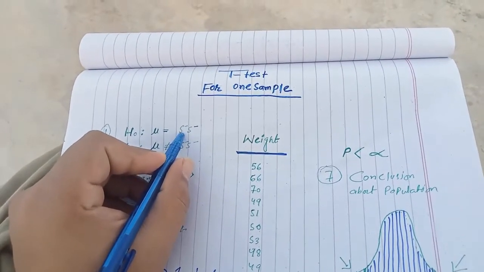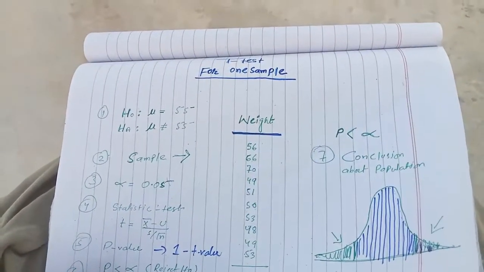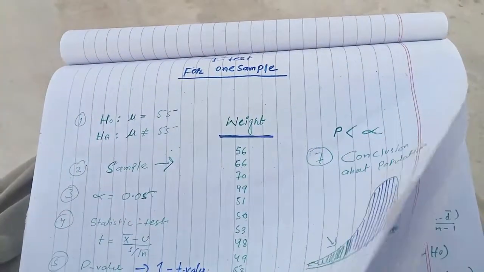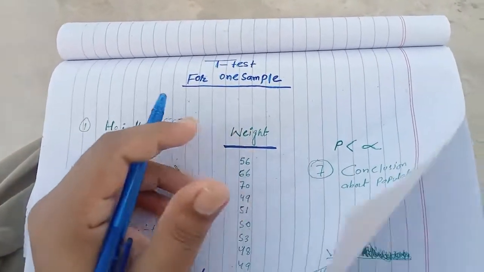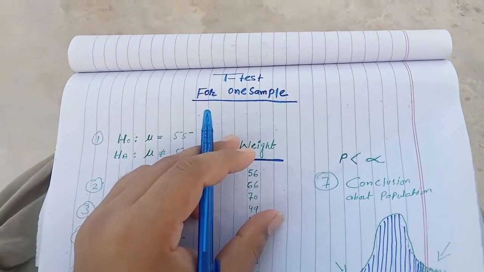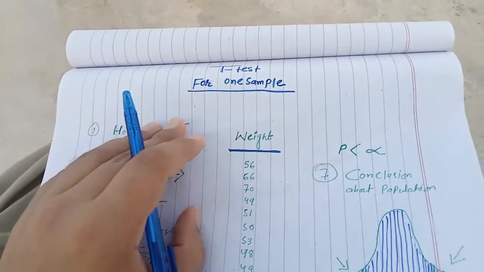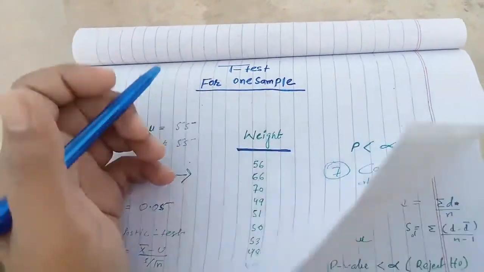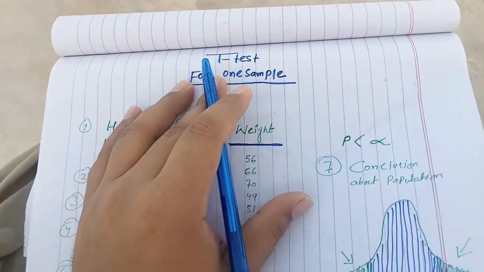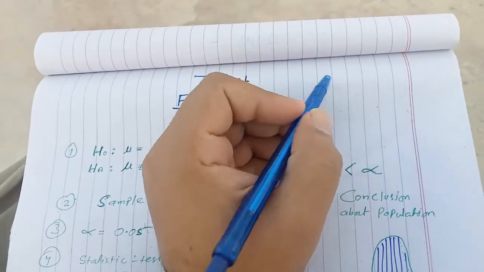So that is how we use the one sample t-test, where we try to check the one mean of the one sample. The t-test is used for continuous variables. Continuous variables mean things like age, height, salary.